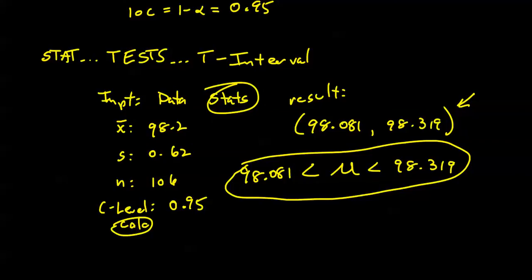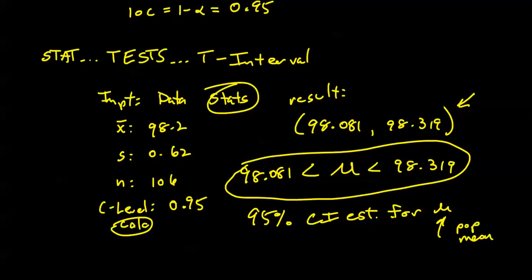So I claim this is my 95% confidence interval estimate for mu, where mu is the population mean body temperature for all bodies of all time.